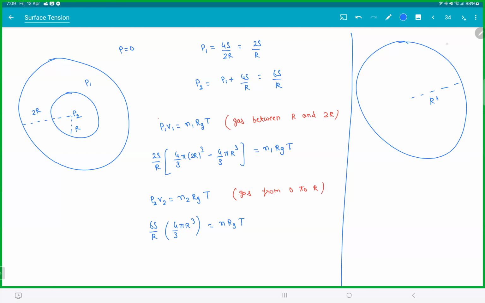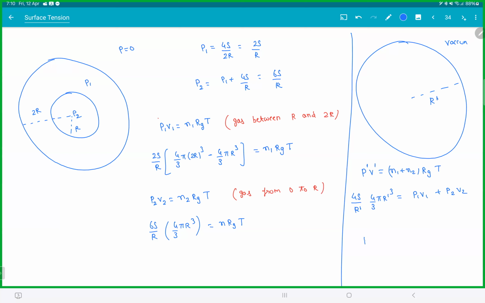So when these two combine and you get one big bubble, let the radius be R dash. Outside is vacuum. So the equation will be P dash V dash, and the number of moles will be N1 plus N2, R_G T. The pressure will be 4S by R dash, and this will be P1 V1 plus P2 V2.